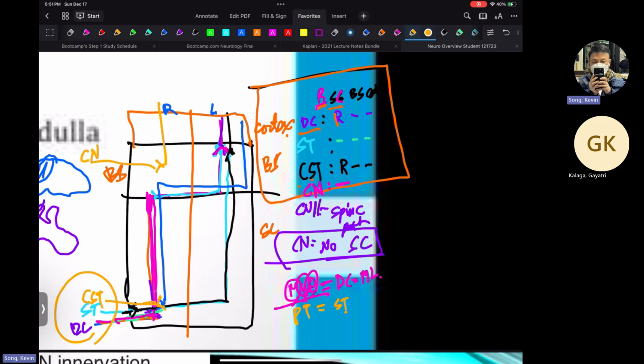So if I had a lesion right here, does it affect the right side? Is the right side of the cranial lobe affected? Yes, good. So the cranial lobe right side is affected when it's in the brainstem.